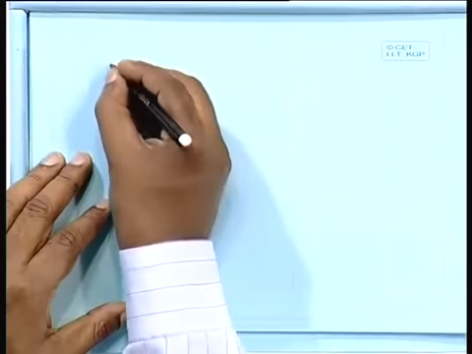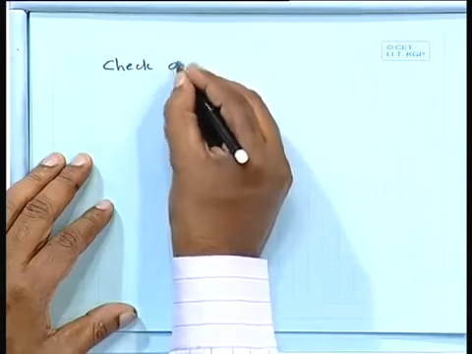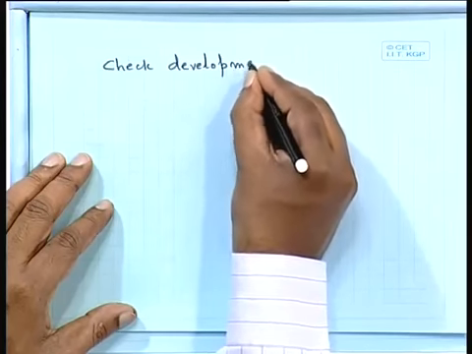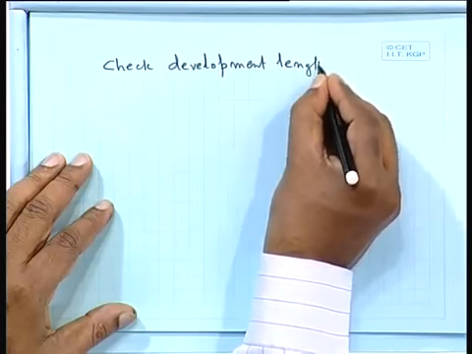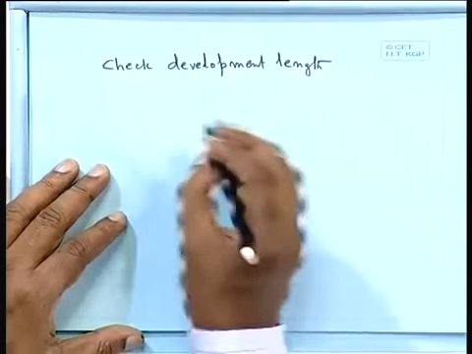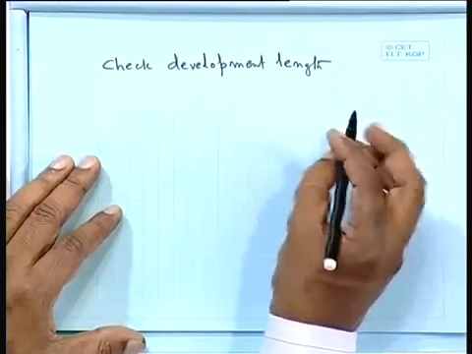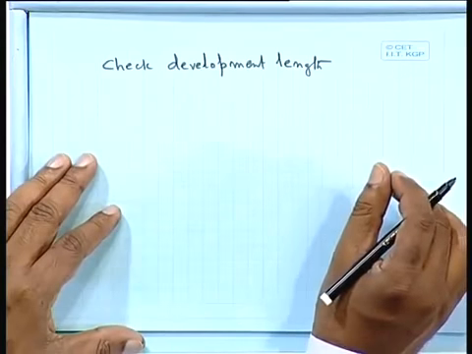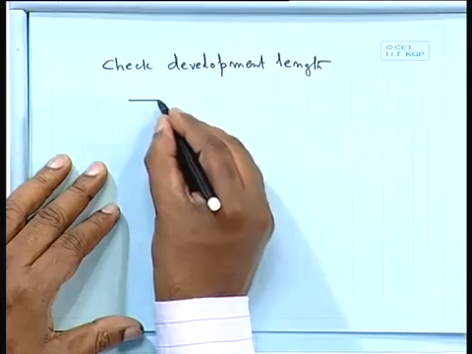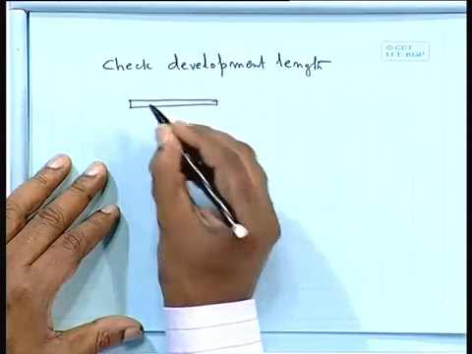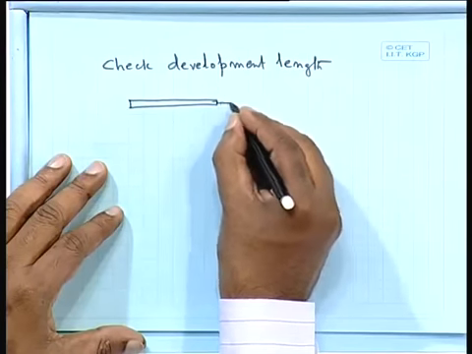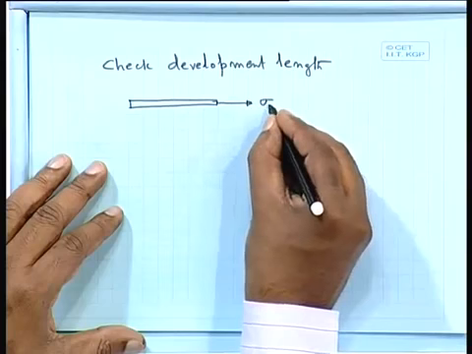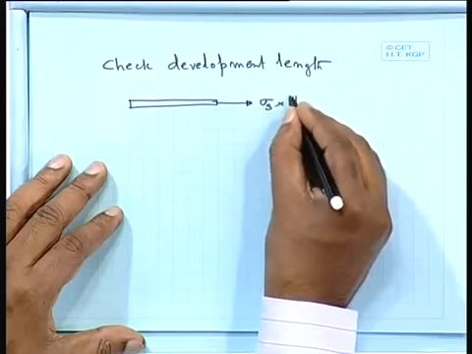Now we have to check certain development length. So what we can do, there is one thing we can find out here, that if this is the bar, the permissible stress is sigma s acting on pi by 4 phi square.